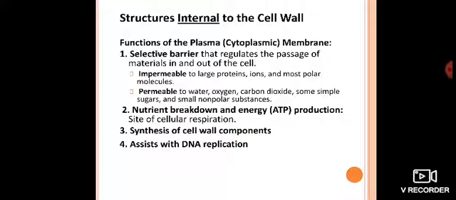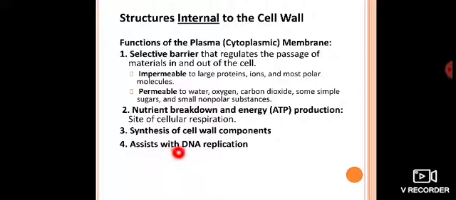If you remember, in the first description about your cell wall, we already discussed that the components for synthesis of your cell wall are formed in the plasma membrane. So that function is already noted: synthesis of cell wall component.